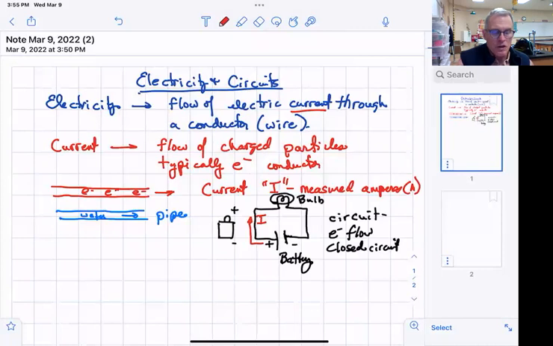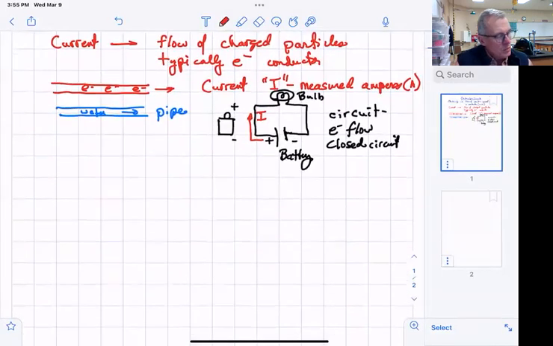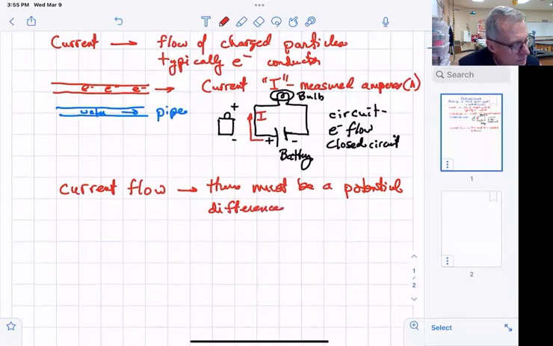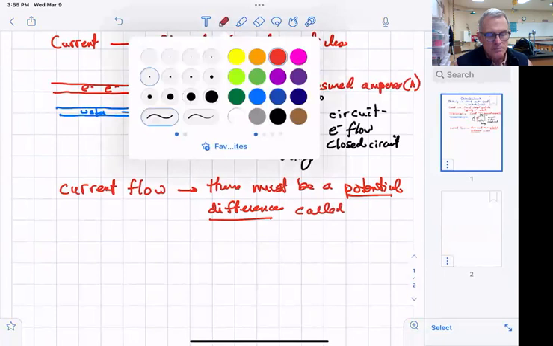For the current to flow in a circuit, there must be a potential difference. That potential difference is called voltage.